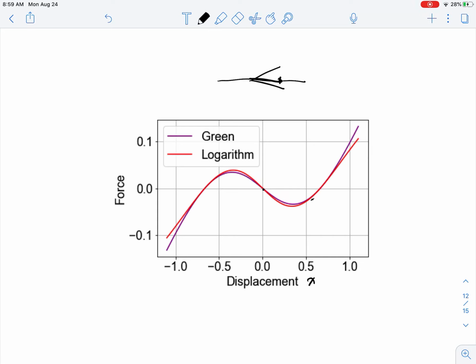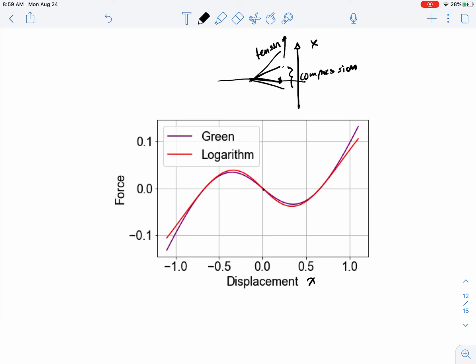Between here and here, that's sort of the compression part. And then at some point it's going to be under tension. So from here on, it's under tension. That's why you cross this 0.